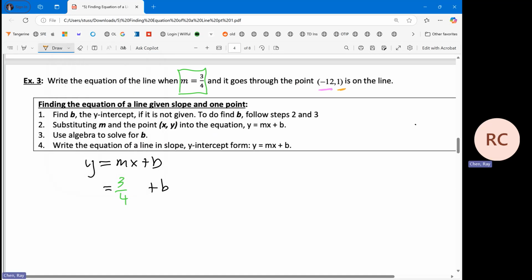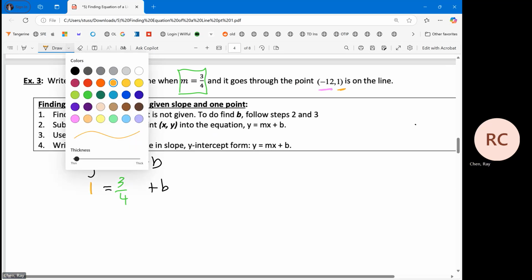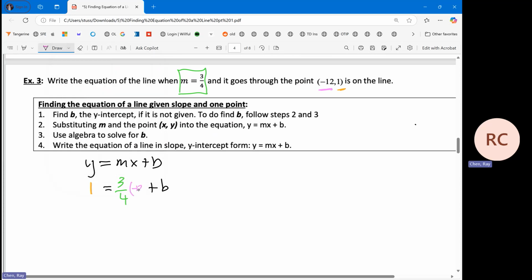Pause the video if you want to know where we're going to sub those in and try it yourself. The 1's going to go here for y. And our x value is going to be -12 right here. So what we have is, and I'll read it to you, 1 is equal to 3/4 times -12 plus b. What we're trying to do is really solve for b.